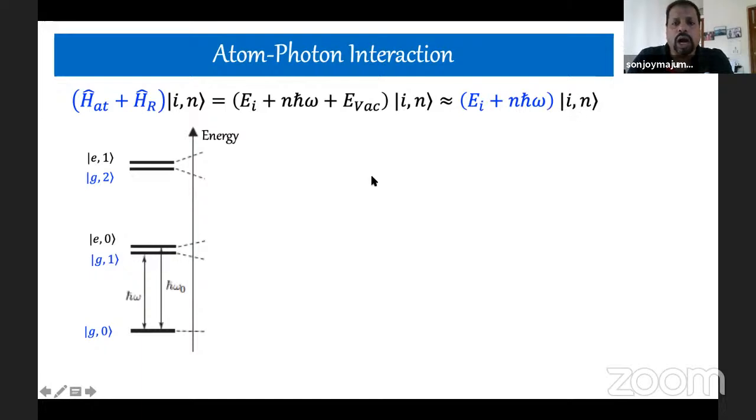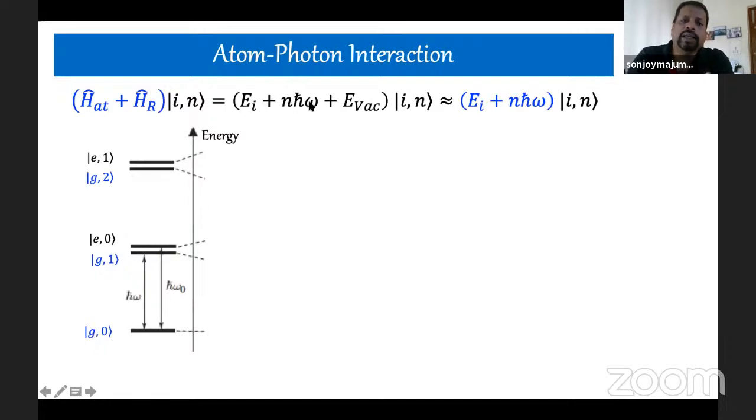So how does this new composite state look? You have a ground state, and if you consider n equal to 0, you have the lowest energy state, where n equals 0 and E of G, which we also consider as zero energy because we are taking it as a reference. So that is a zero energy state, G0.